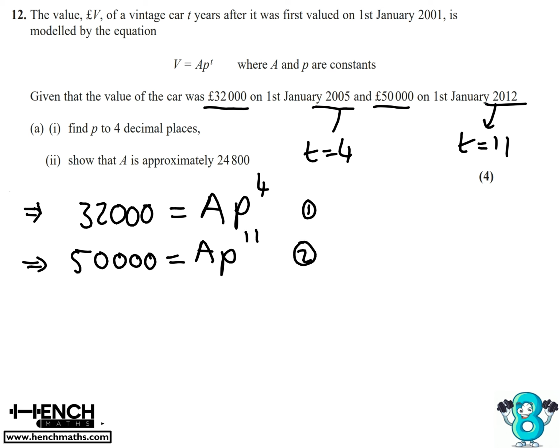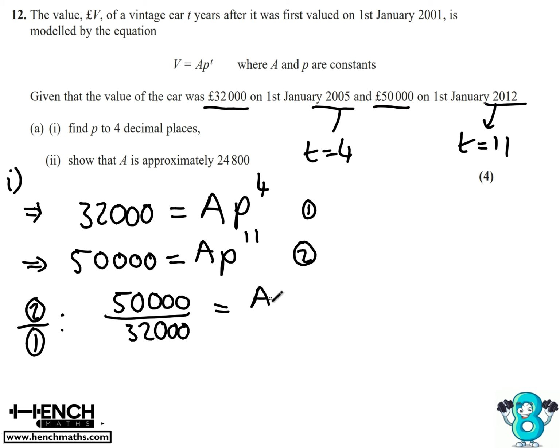Now we can solve these fairly easily by using division. If I do 2 divided by 1, that will cancel out the A's and leave us just with P. So 50,000 divided by 32,000 equals A P to the power of 11 divided by A P to the power of 4. The A's cancel, and P to the power of 11 divided by P to the power of 4 is P to the power of 7.